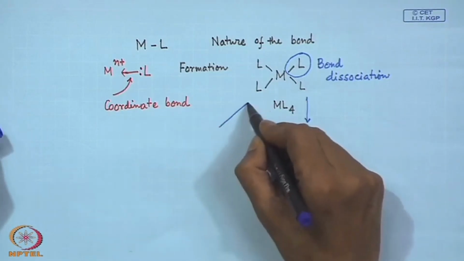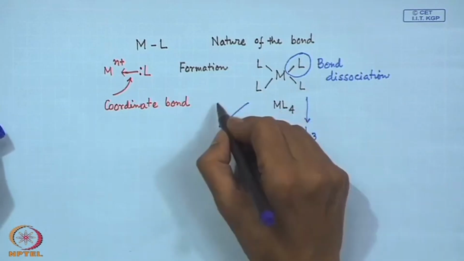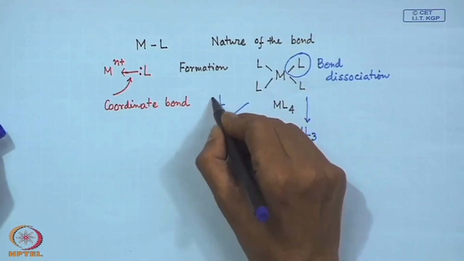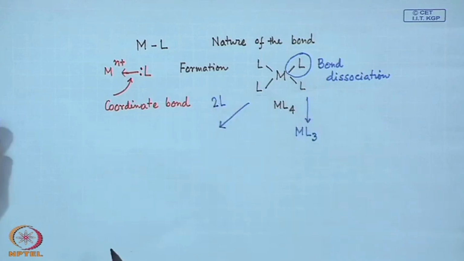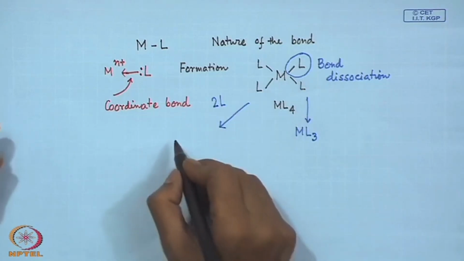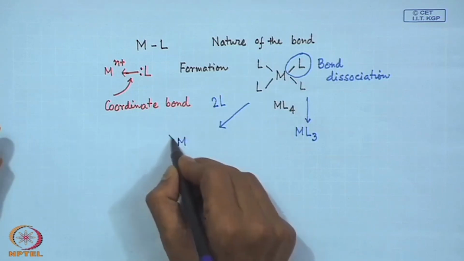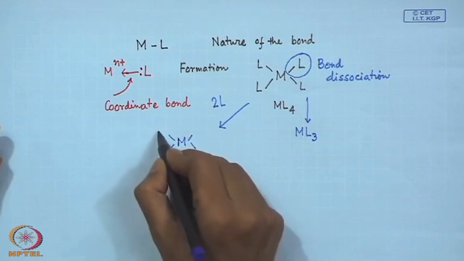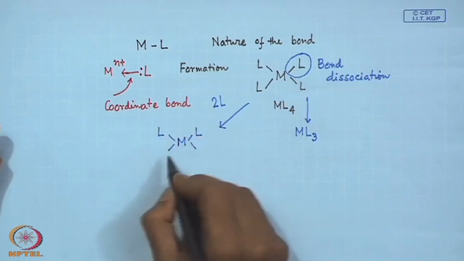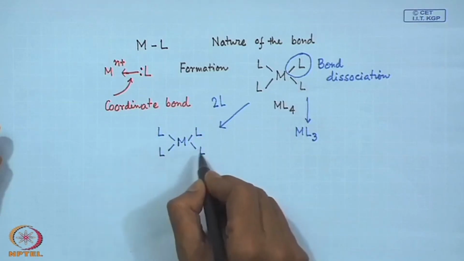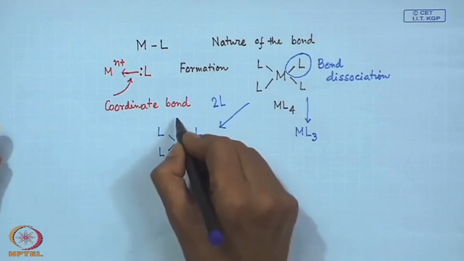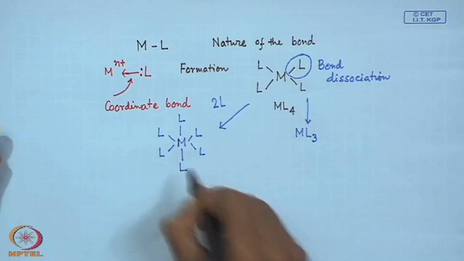Or sometimes we get the formation of a new compound by the addition of 2 more ligands, such that this particular M can immediately be converted from a square planar geometry to an octahedral geometry.